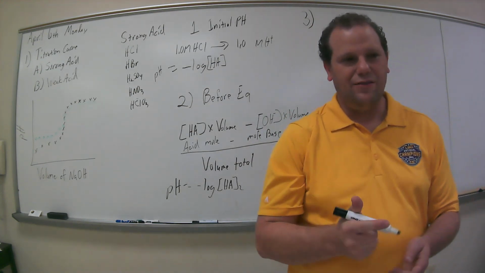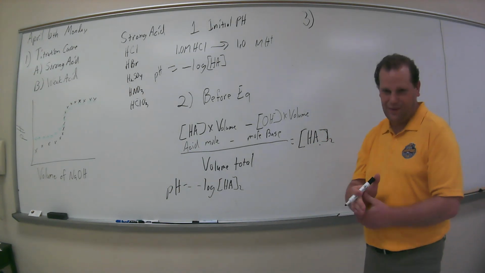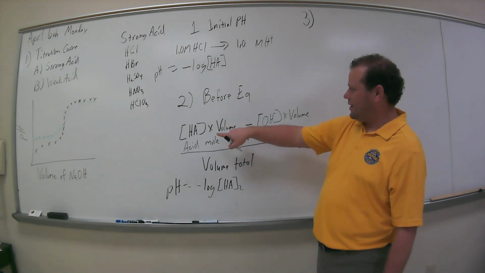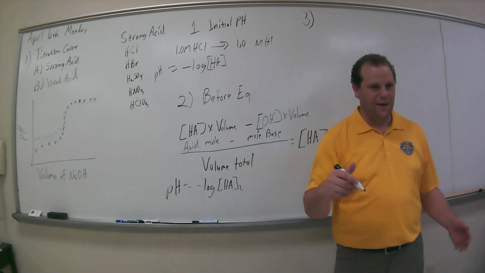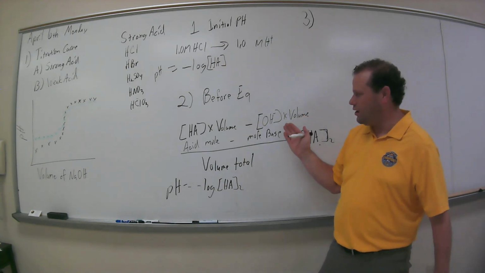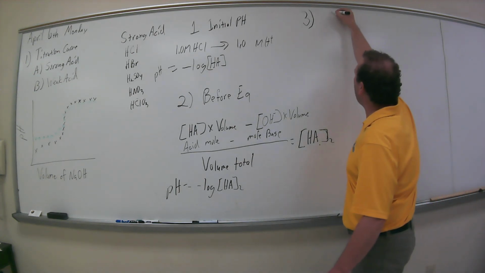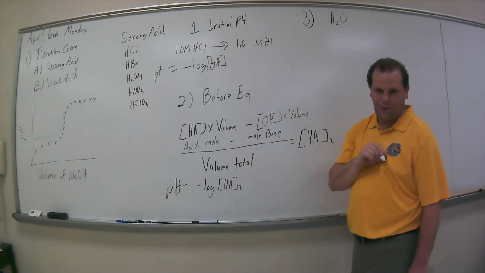What's going to be the pH when we get to the equivalence point? I'm going to make this one really easy. At the equivalence point, all of our acid has been neutralized. We've used all of our strong base to neutralize it. So the only thing we really have with a strong acid, strong base is H2O.